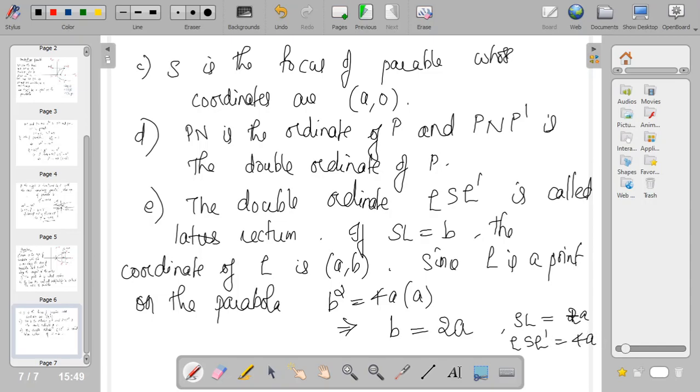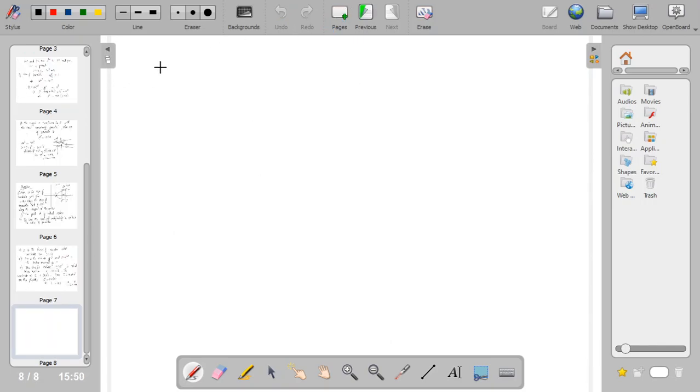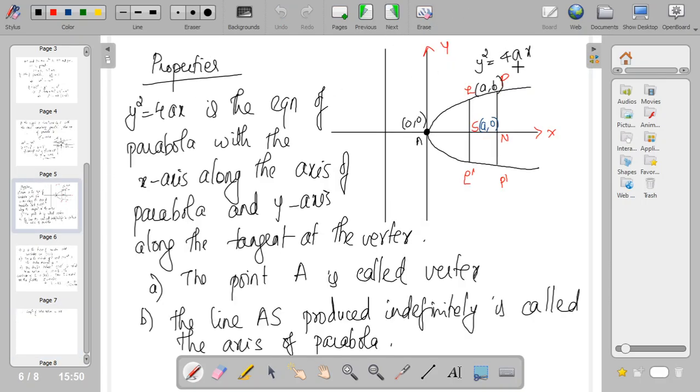So the length of the latus rectum will be equal to 4a. So that's what we get from here. So therefore length of latus rectum is equal to 4a.